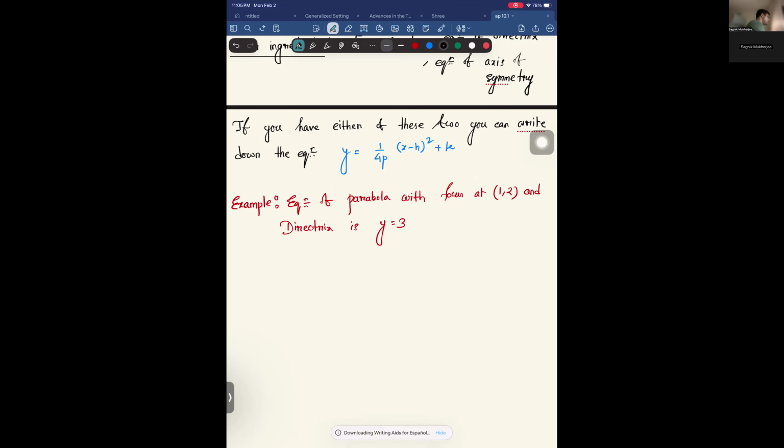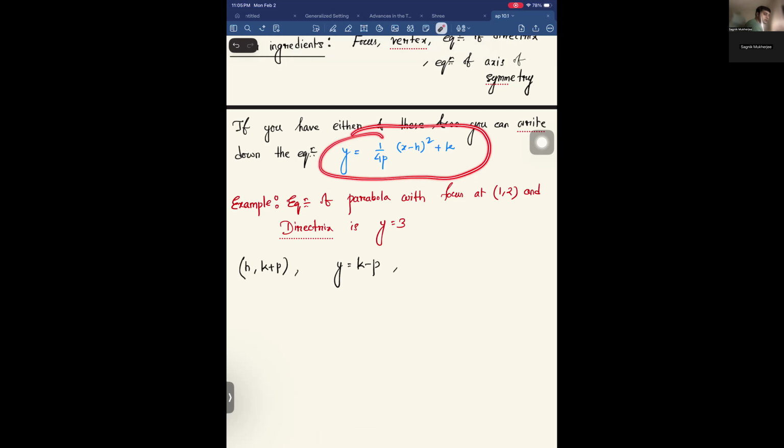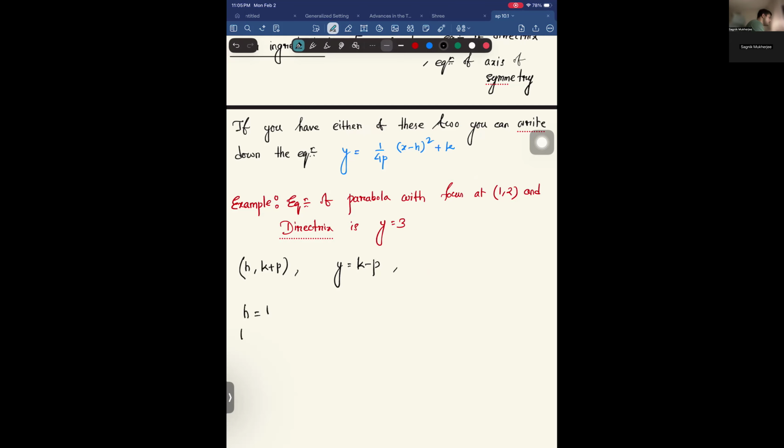So remember, the focus had coordinates (h, k plus p), and the directrix had the equation y equals k minus p, right? And in that situation, the equation is simply this, right? So now solve it. So h is 1, k plus p is 2, and k minus p is 3, right?